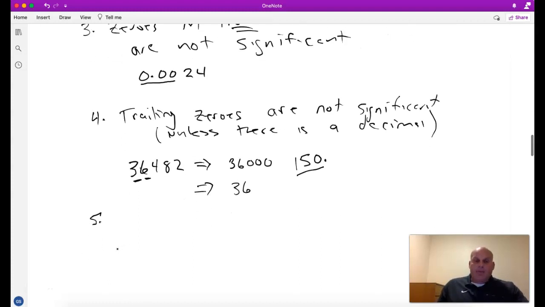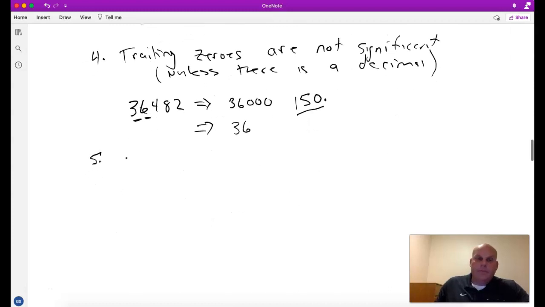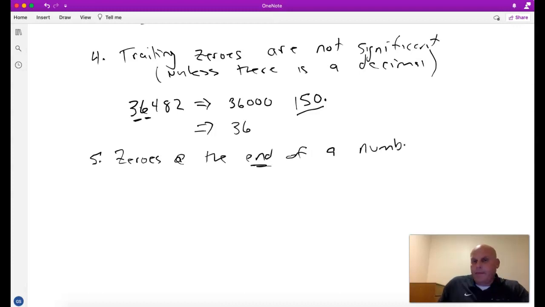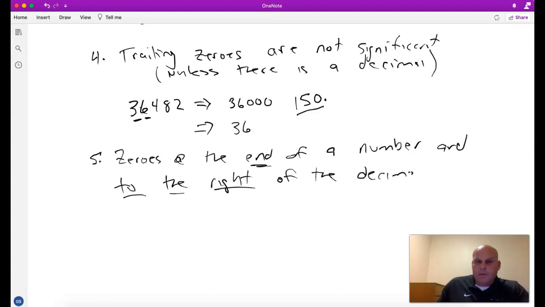Our last rule: zeros at the end of a number and to the right of a decimal are significant.